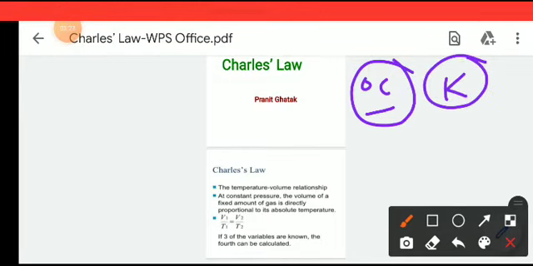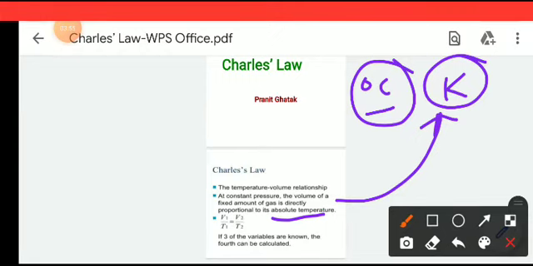Whenever we hear the term absolute temperature, it means any temperature that is expressed in Kelvin. So in absolute temperature we have to express the temperature in terms of Kelvin.